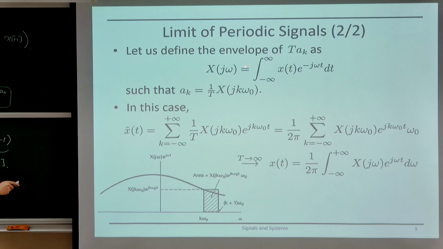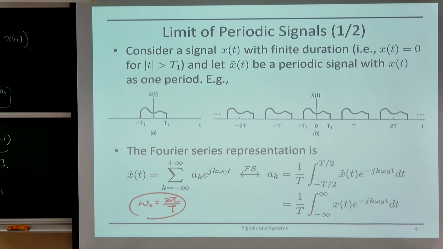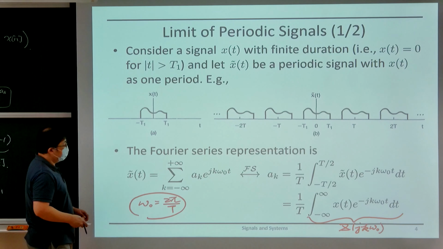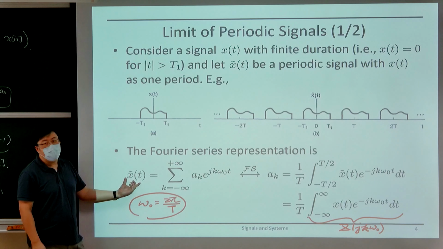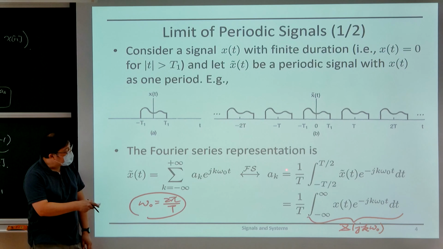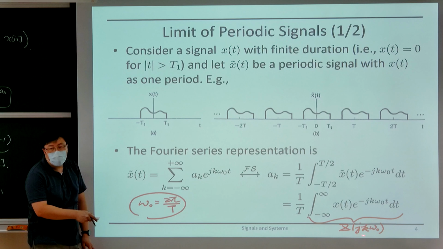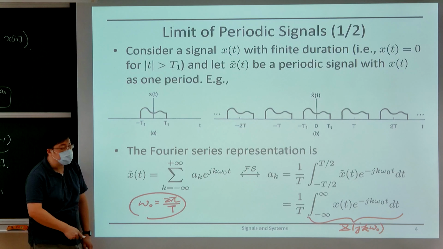So if you define this integral as capital X of j omega, then what you have here is this capital X evaluated at k omega naught. So for the periodic signal x tilde, a_k is 1 over T times capital X evaluated at k omega naught.